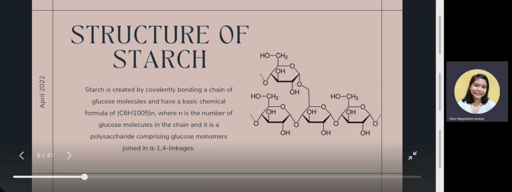Starch is created by covalently bonding a chain of glucose molecules and has a basic chemical formula of (C6H10O5)n, where n is the number of glucose molecules in the chain. It is a polysaccharide comprising glucose monomers joined in alpha 1,4 linkages.